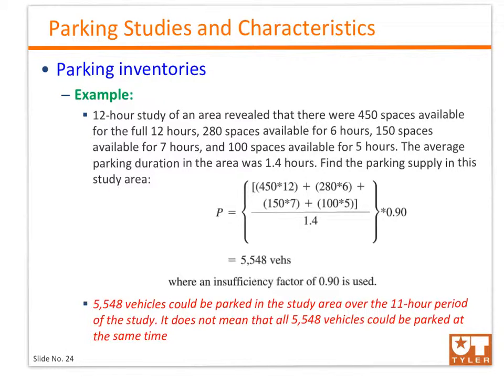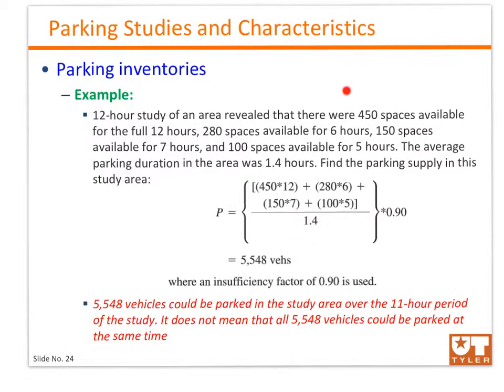The question now is to find the parking supply in this study area: how many vehicles it can handle. So P is equal to the summation of all the N times the time.